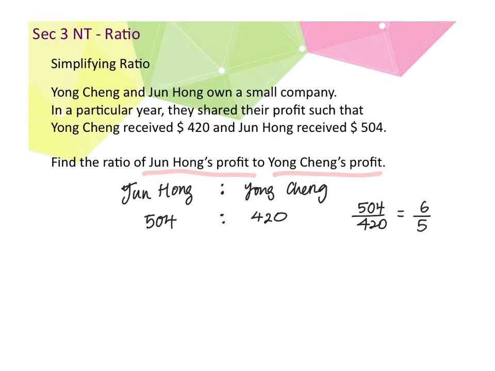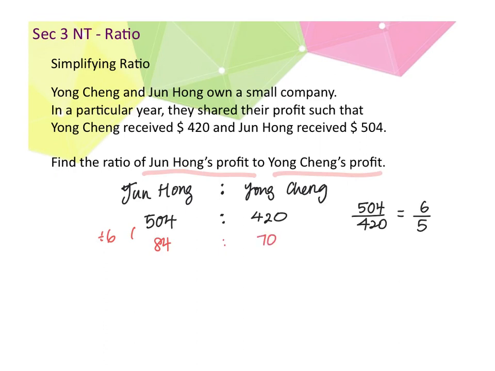Alternatively, I can cancel out the terms one by one. In this case, I will try to divide both numbers by 6. If I divide by 6, 504 will give me 84, and 420 divided by 6 will give me 70.